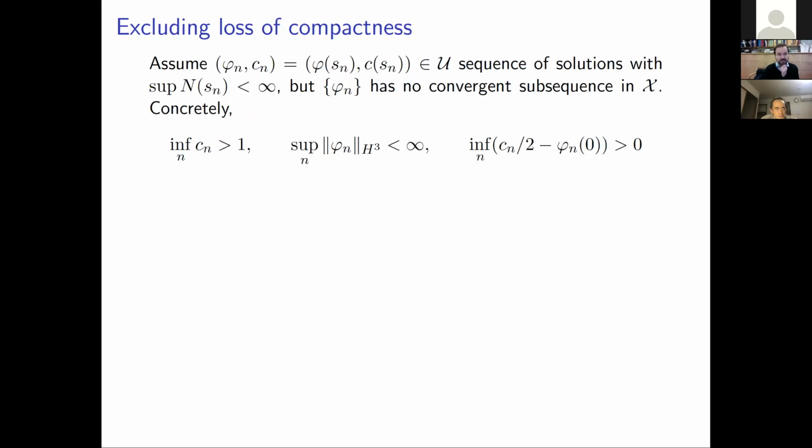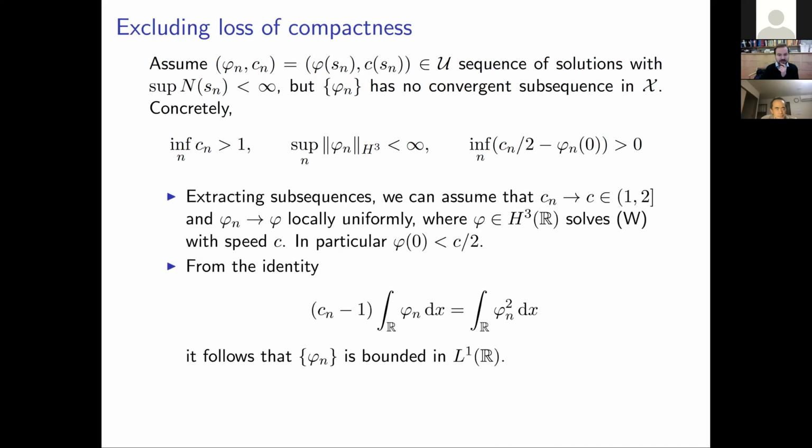Okay, for excluding a loss of compactness, I will just say that there is an important integral identity which comes into play. In addition to these properties I mentioned before, we use this integral identity, which you get from just integrating both sides of the equation and noticing that L of phi integrates to the same as phi.